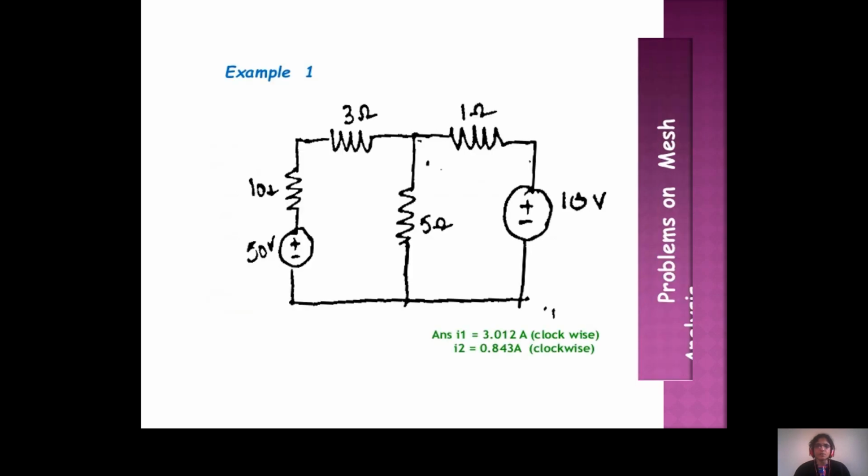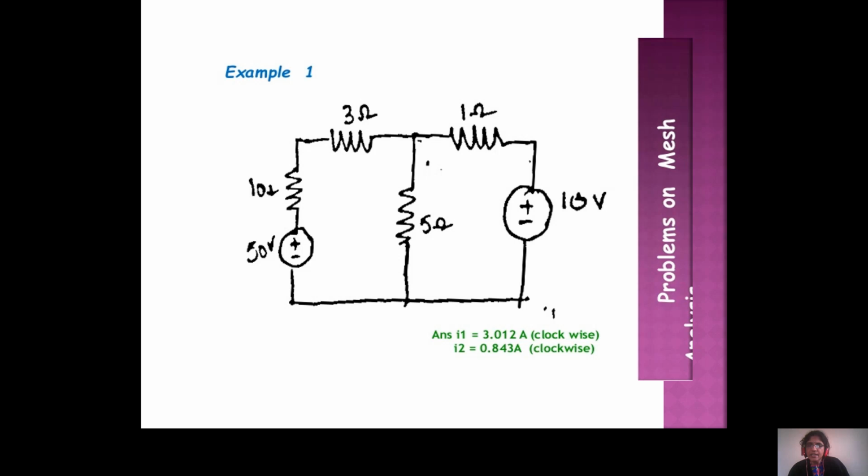So how will it be positive? Take a simple circuit. Assume there are 2 loops. When the current enters, there is no need to assume polarities of the voltage sources, because they already have polarities.